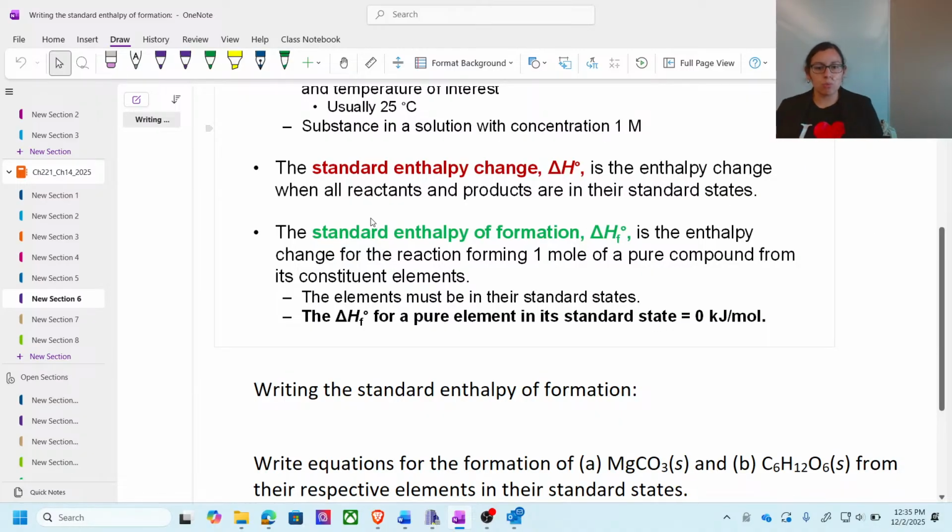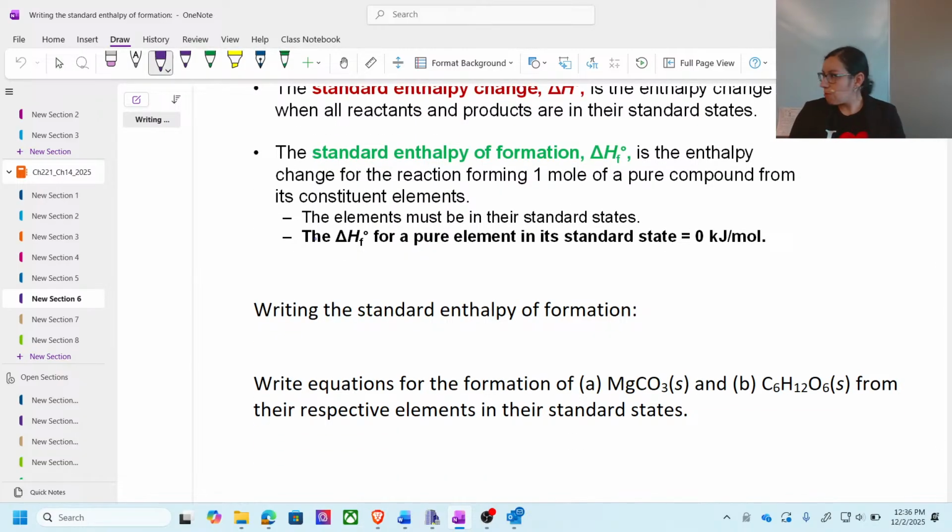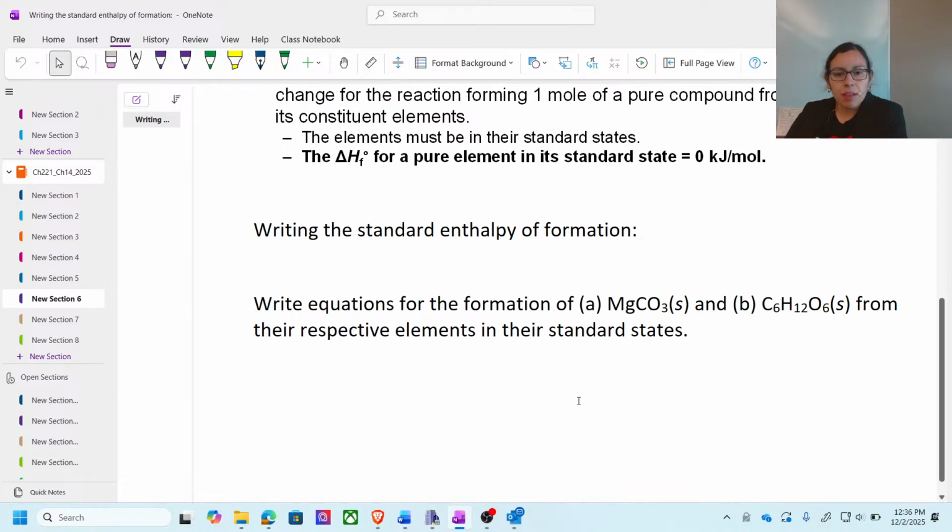Just a wording of our question: when we're asked to do the standard enthalpy of formation, you pull things out in their elemental forms. And like we saw from our chart, anything that is a pure element in its standard state, standard temperature and pressure, is going to have a 0. But you can look that up on a chart, so you don't have to remember that.